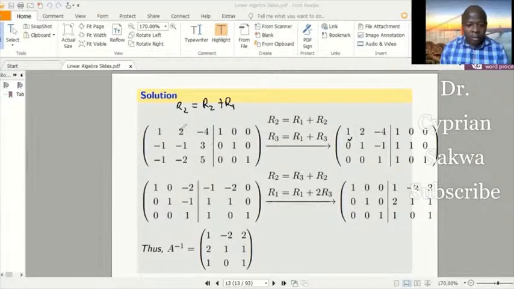This 2 plus negative 1, you have 1. This negative 4 plus 3, you have negative 1. Then when you add this 1 and that, you have 1. When you add this and that, you have 1. And when you add this and that, you have a 0.